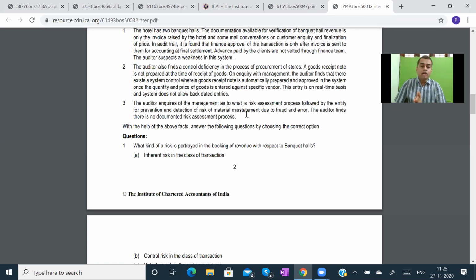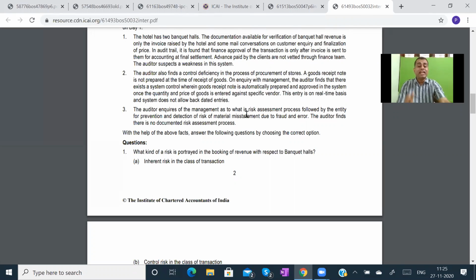When there is no proper control system, what type of risk will increase? Inherent risk, control risk, or detection risk? If there are weaknesses in internal control, what type of risk will increase? Control. So everybody is saying control risk. Okay, very good. Then continue, second part.